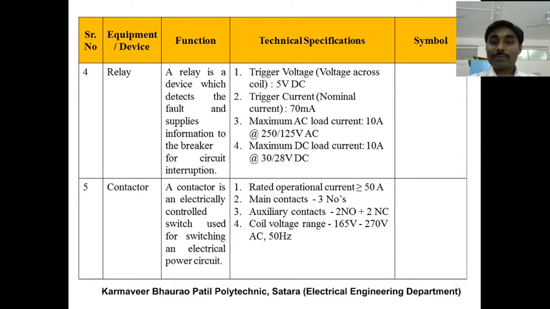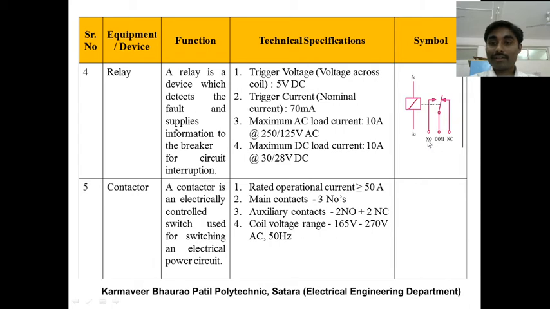The technical specifications of relays are: triggering voltage, the voltage across the coil, which is 5 volt DC; triggering current, nominal current, which is 70 milliampere; third, maximum AC load current, which is 10 ampere at 250 volt AC or 125 volt AC; maximum DC load current, which is 10 ampere at 30 volt or 28 volt DC supply. And the symbol of a relay is like this.